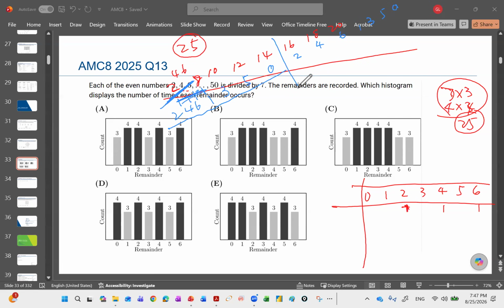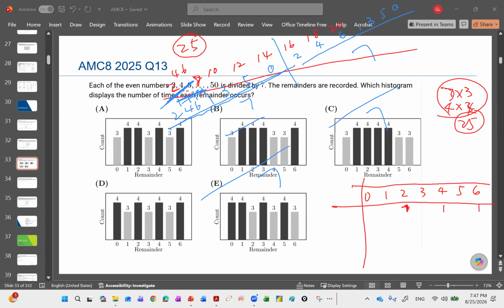Do you notice that? The remainders here, 2, 4, 6, 1, 3, 5, 0, cover all the 7 numbers from 0 to 6. So this is 7 numbers, this 7 numbers, another 7 numbers, another 7 numbers. They total 25 numbers.